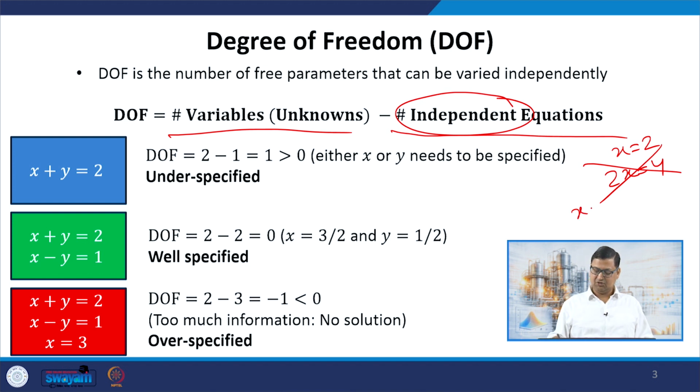Similarly, if you have, let us say, x plus y equal to 2, and let us say we have y equal to 1 and x equal to 1, the third one I can get from the first two. So, the third one is not an independent equation. In fact, I can consider any of them to be dependent on the others.